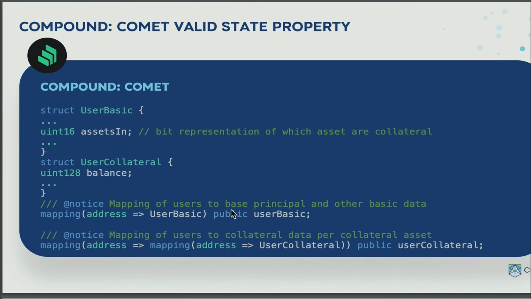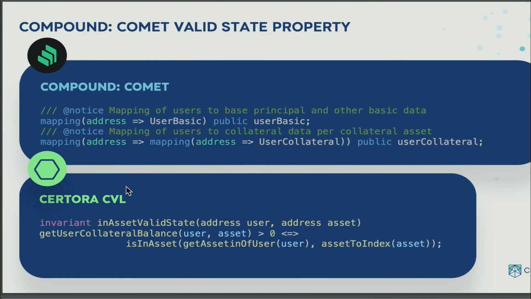And then there is also a mapping that stores how much collateral a specific user has for a specific asset. So it's like two variables that actually represent something that is dependent, right? Because if the bit is turned on, that means that this user has put collateral in this asset.